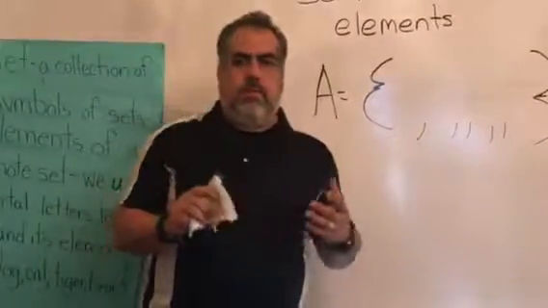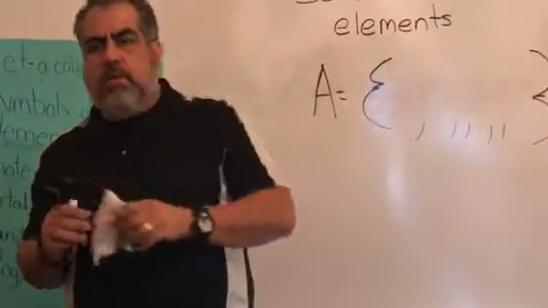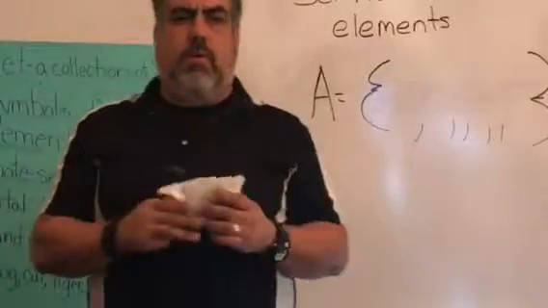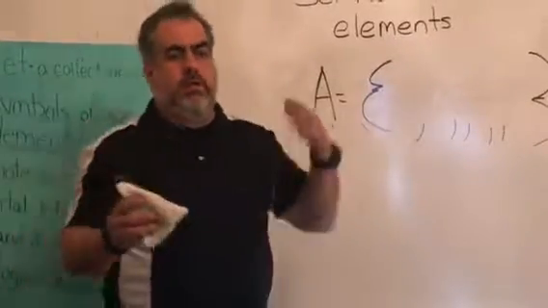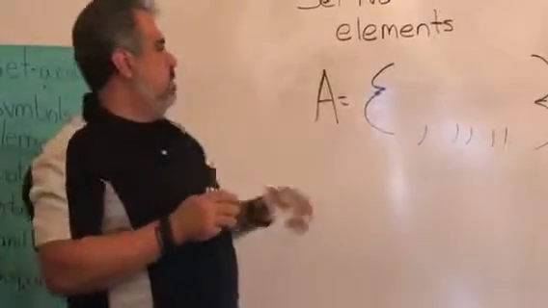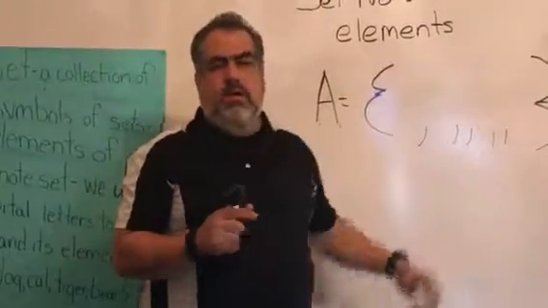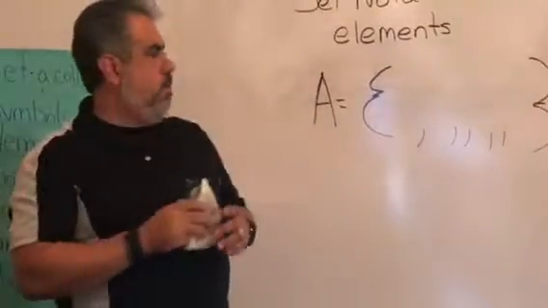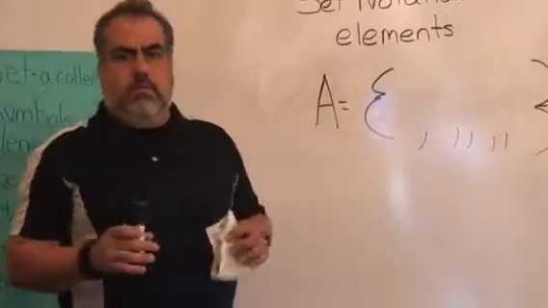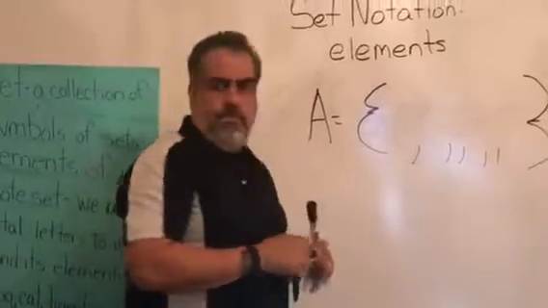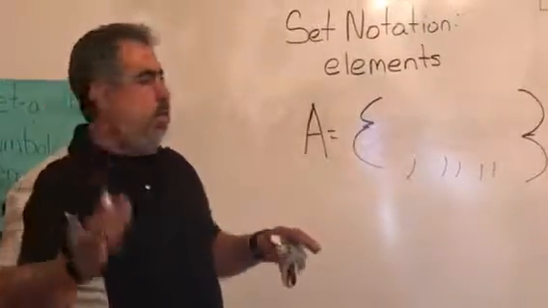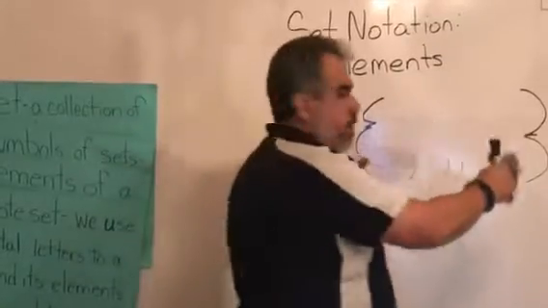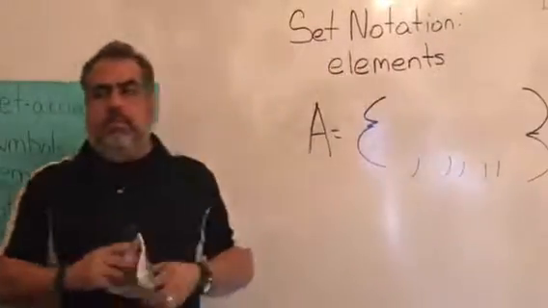Okay, after that you're going to get your whiteboards and pair share with your partners. Make sure your partner goes first. He's going to tell you his three sets and what they are, and then you're going to show him yours, and you're going to go back and forth. And just remember, you're checking him and he's checking you, so make sure he has a capital letter, two braces, and everything is separated by commas.